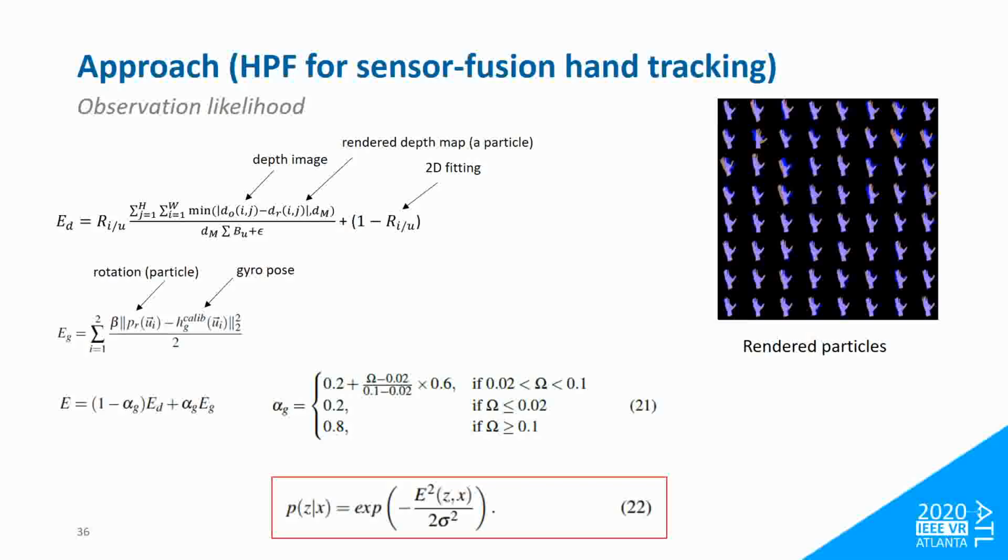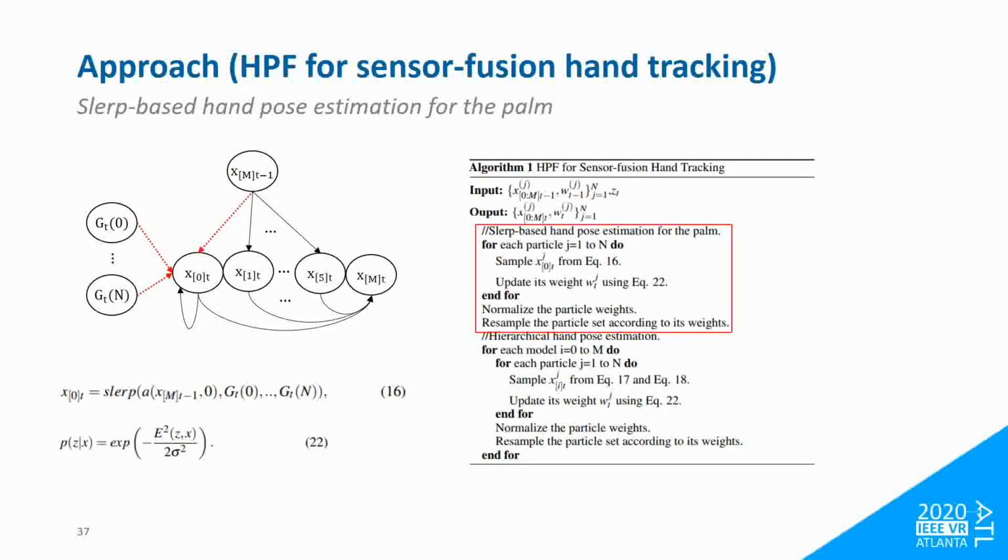The figure shows the sampled particles. We sample 64 particles and render them for the observation likelihood. Because we use multiple gyro poses, we can sample the particles with slope-based sampling.